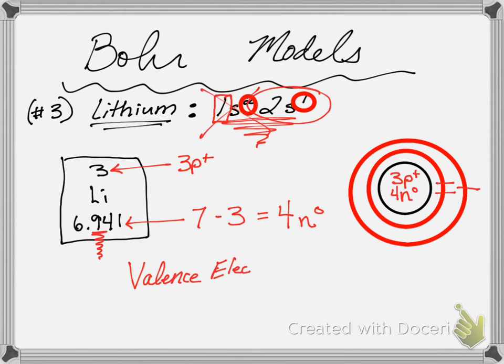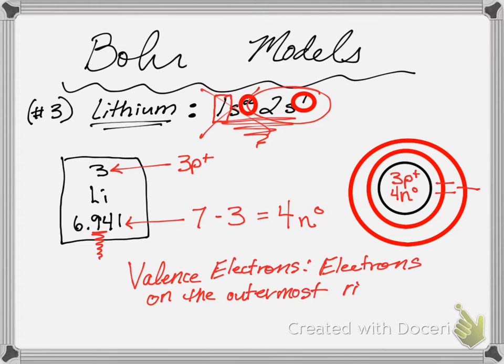Valence electrons are the electrons on the outermost ring. And these electrons determine the reactivity of an element, so they're really important to chemists.